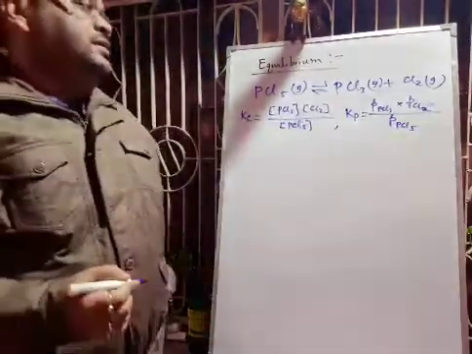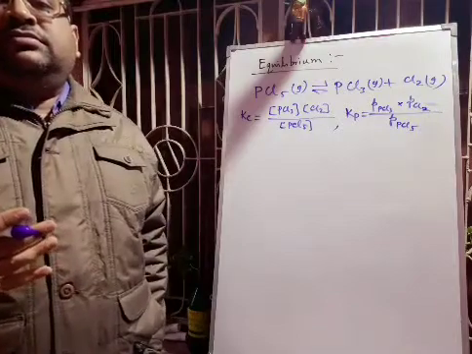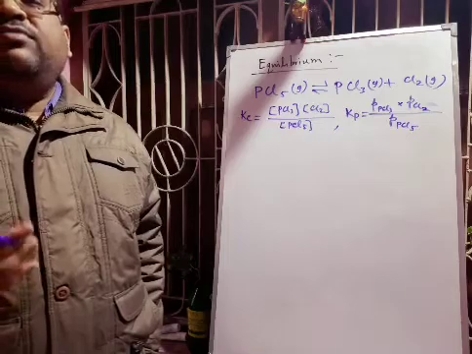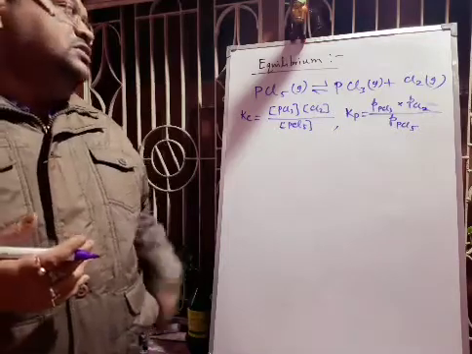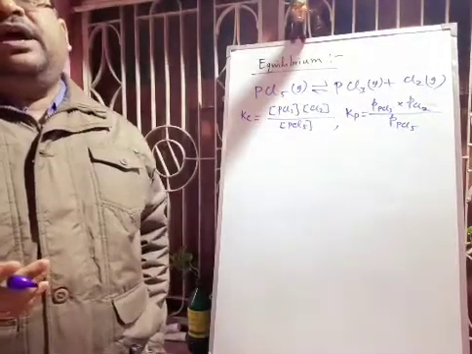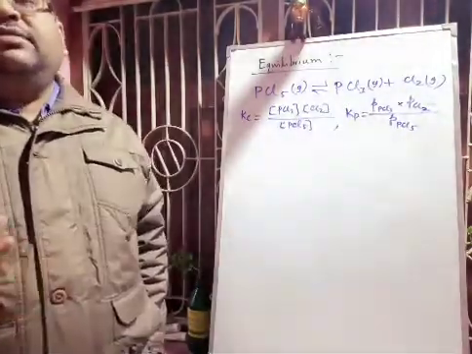Now let us consider initially A mole of PCl5 is taken, in a closed container where the volume is V liter.